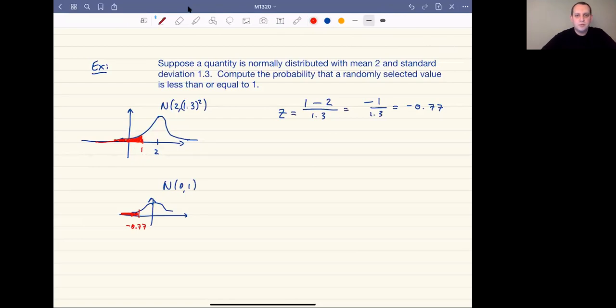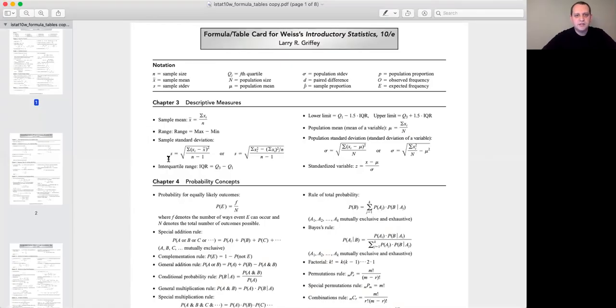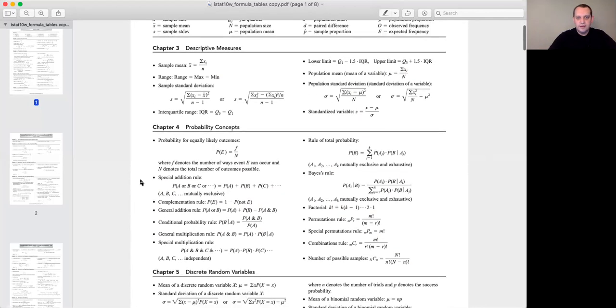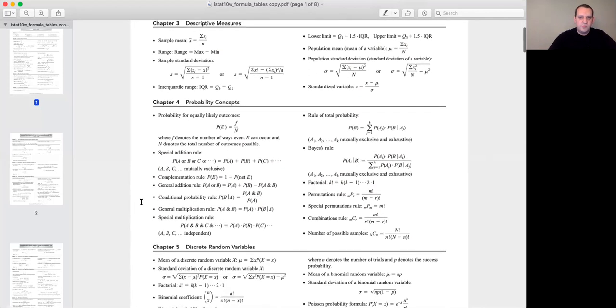Okay, so let's look at that. This is the sheet that has all of the formulas on it for the semester. Remember, this is totally fair game to use on any exam that you'd like, and it has all the formulas that you'll ever need.